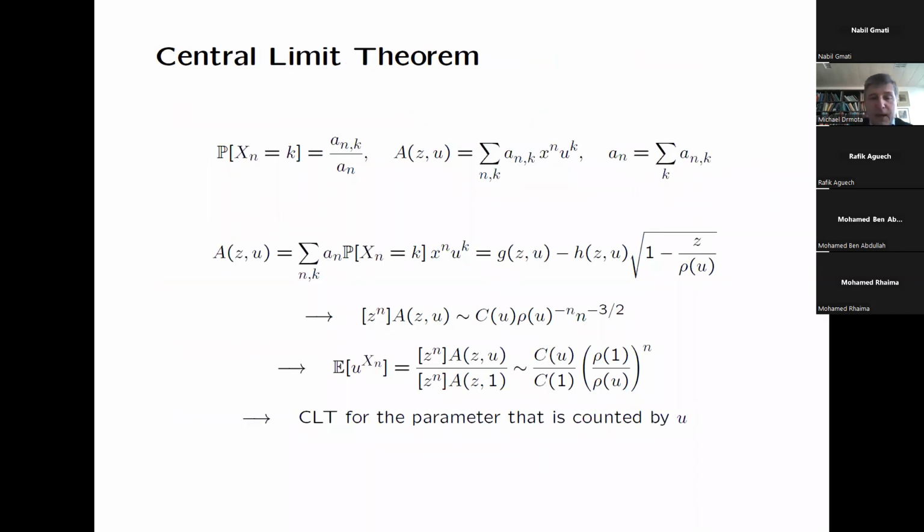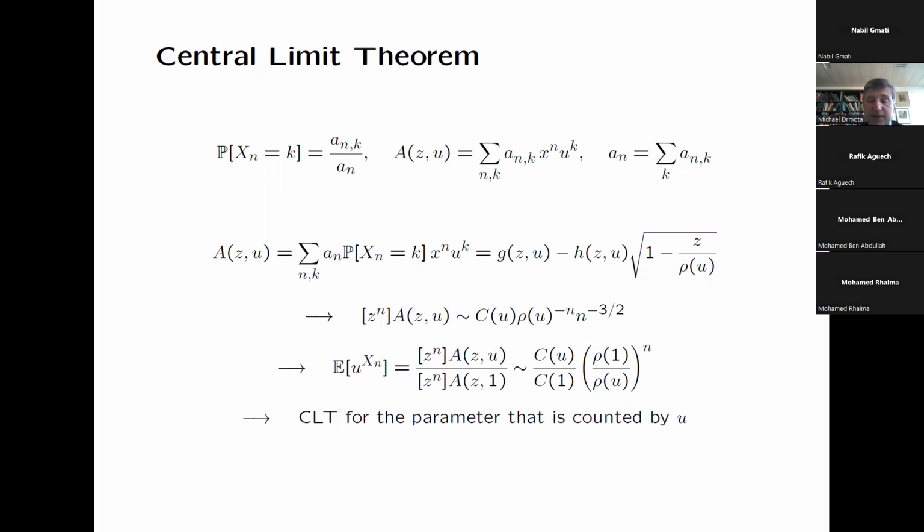Okay, how can we use this property of the square root singularity? And how can we use this parameter u in order to get a central limit theorem? This is a very short slide, but it tells more or less that if we have a functional equation with these properties, then we get automatically a central limit theorem.